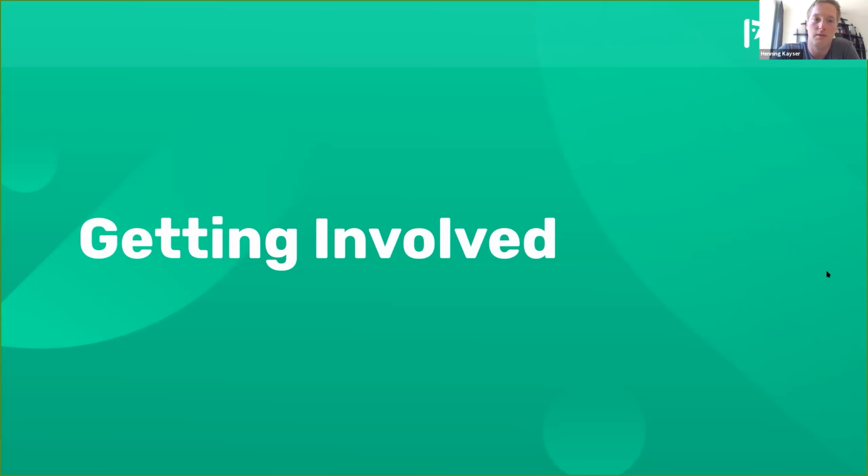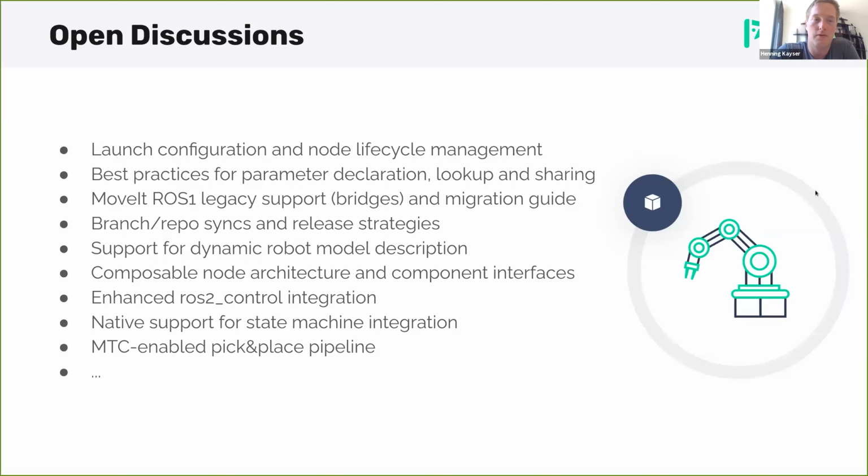If you want to get involved, here's a list of really interesting topics that we are still discussing and trying to find best practices for. Examples like basic launch configuration and node lifecycle management.